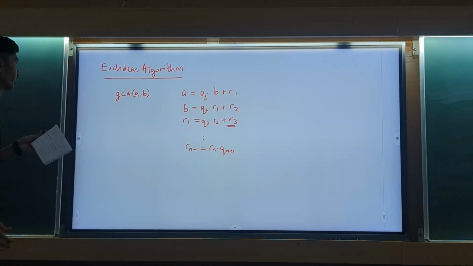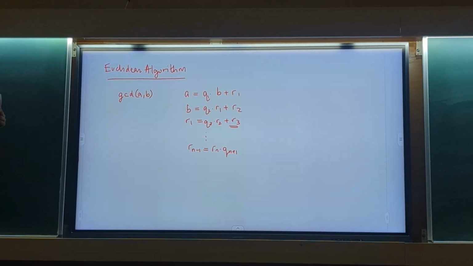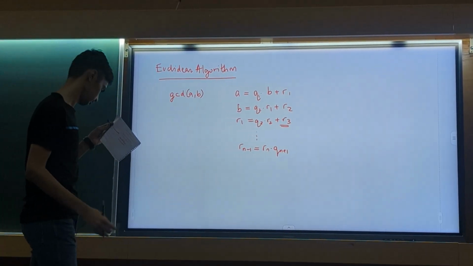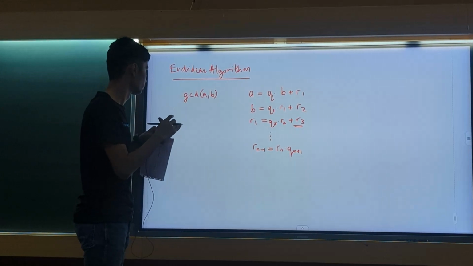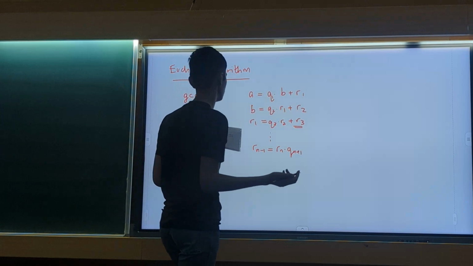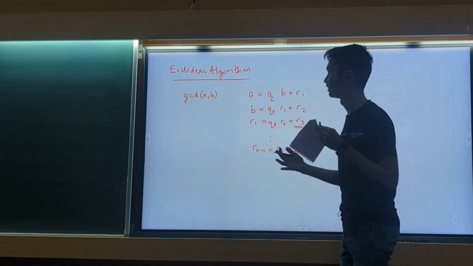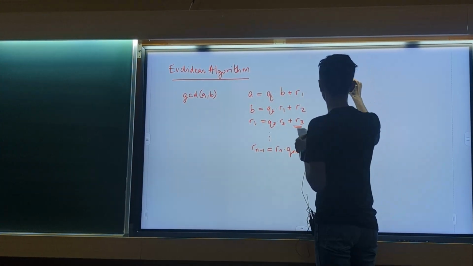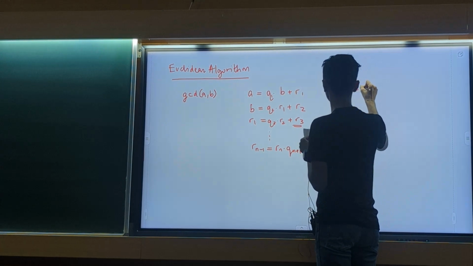And why I'm writing this is because it is also used to find modular inverses. I'll come to modular inverses in a bit. So basically, there's this lemma called Bezout's lemma.